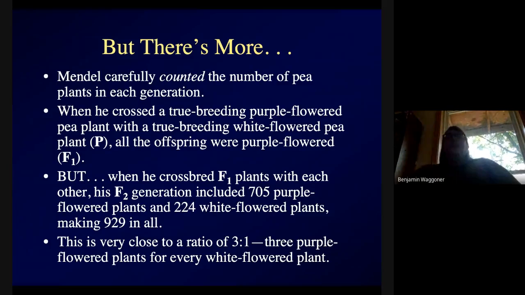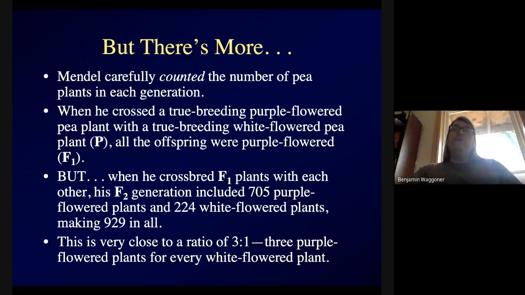But when he took 2 plants from the F1 and crossbred them with each other, the F2 generation that he got included 705 purple-flowered plants, 224 white-flowered plants, and that made 929. And if you divide all those numbers by 224, you get something very, very close to a ratio of 3-to-1. There are almost exactly 3 purple-flowered plants for every 1 white-flowered plant.